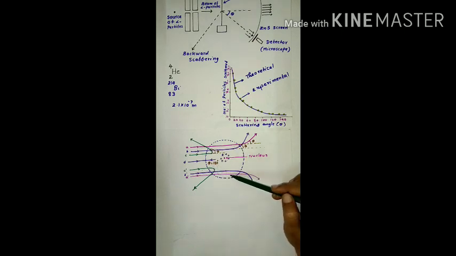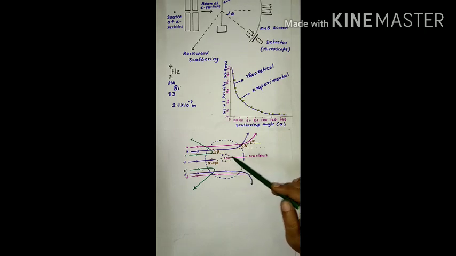It suffers a head-on collision and it rebounds, and the scattering angle is 180 degree. But A and A dash are at a very large distance from the nucleus of the atom, so they suffer very small deflections. So they suffer the small scattering angle theta. From all these observations, Rutherford concluded that as most of the alpha particles pass straight through the gold foil, most of the space within the atom must be empty.